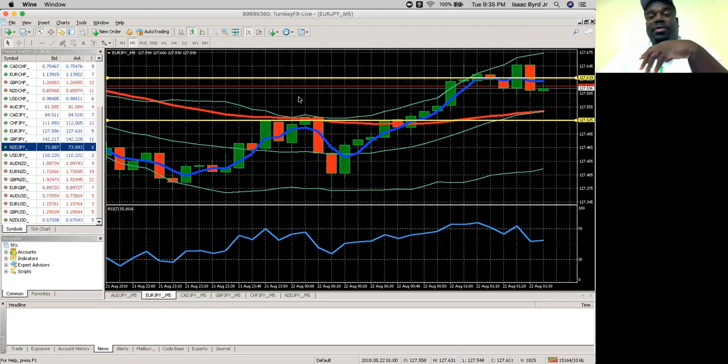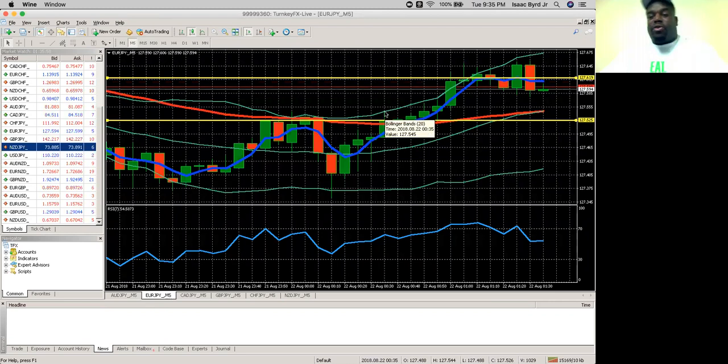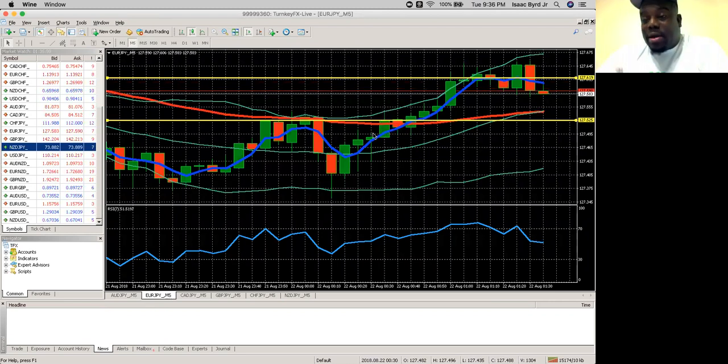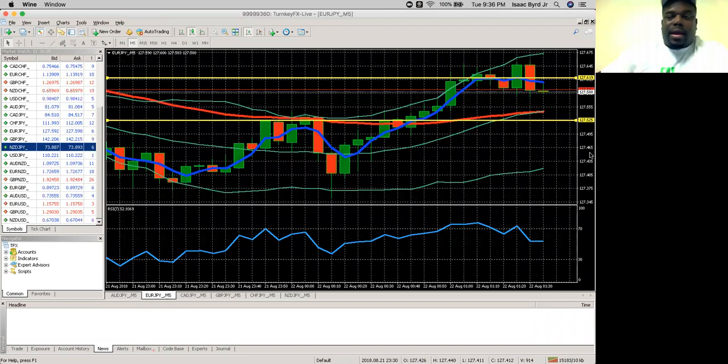I got into the trade, but I put a sell limit. Oh no, actually, I'm sorry. I did a buy. I was going to buy on this one, excuse me. So I did a buy limit on this particular pair earlier. And this was my entry point and my take profit point.